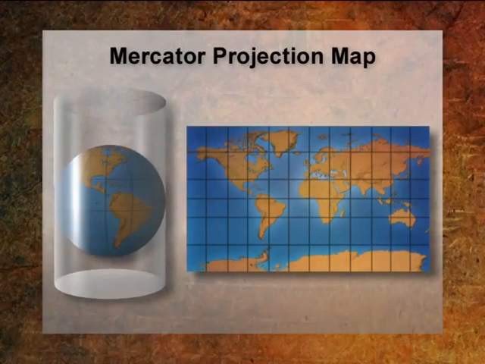And that is the standard representation of the Earth that you see in most maps, known as the Mercator projection. And it is a projection from the surface of a sphere onto this cylinder. And once we've got the surface of the Earth represented on the cylinder, we can simply slice the cylinder and unroll it in order to get a rectangular map.